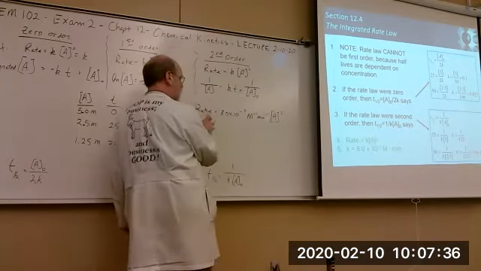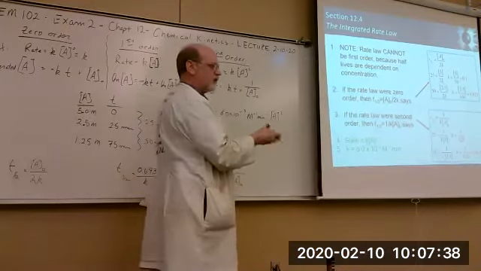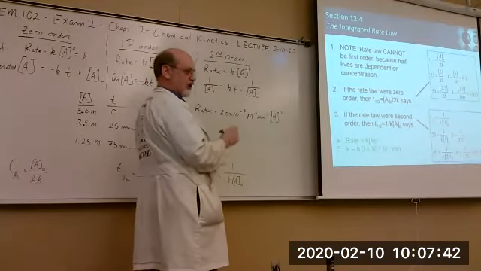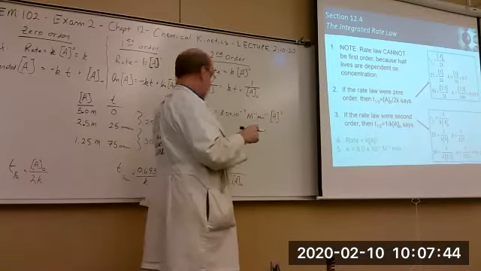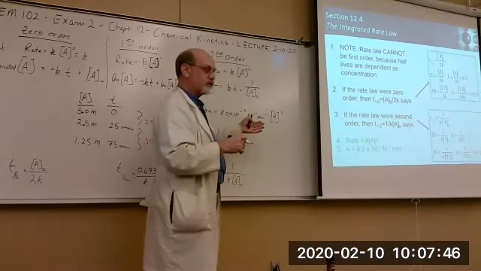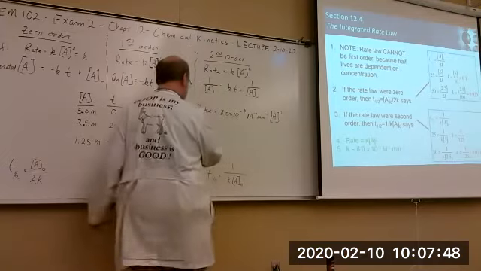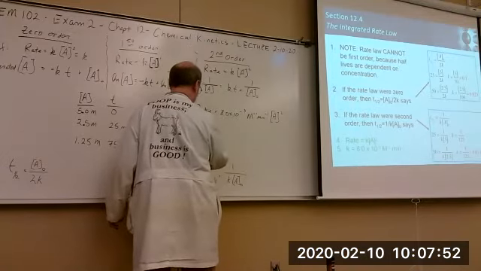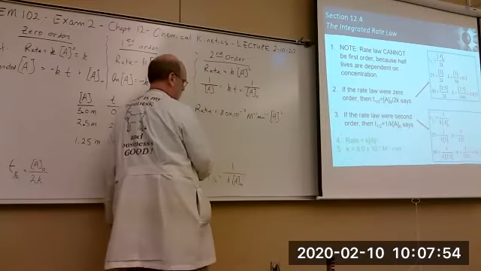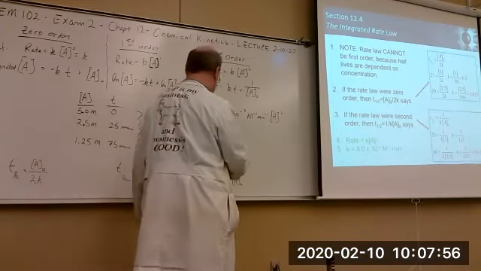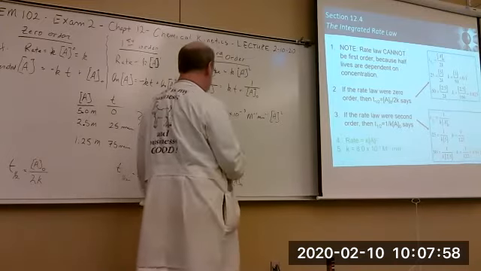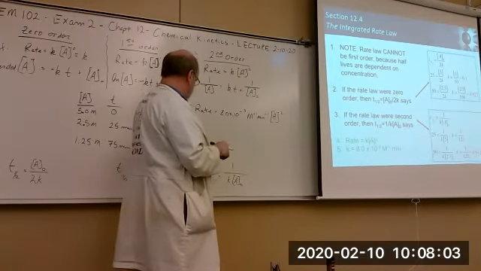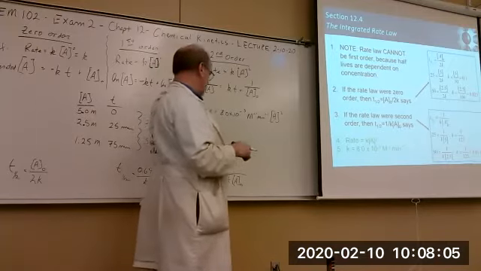Rate is going to be in terms of molarity per minute. Change in molarity, right? Change in concentration per change in time. So this should be molarity divided by minutes, the rate. It might be negative, it might be positive. We're only interested in the absolute values of these right here.